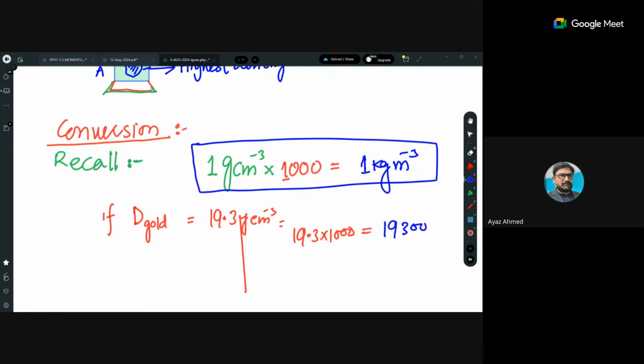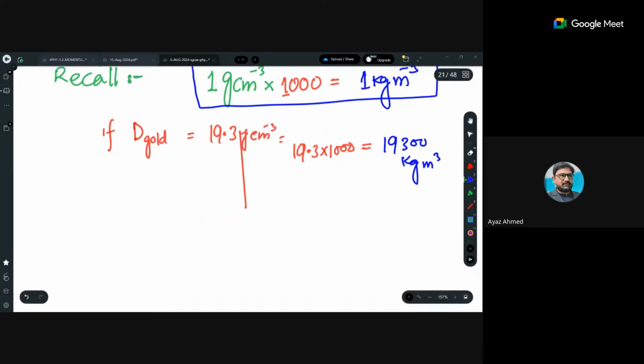So that was basically kg per cubic meter. Is this clear to you? Just a minute. Is this clear? Any confusion in this one? So you have to multiply that.